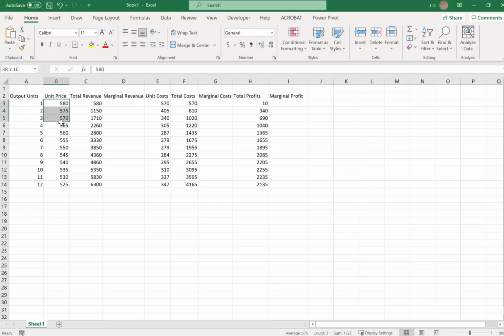And the unit price goes down. Why? If you understand the demand curve we talked about before, the lower the price, the higher the demand. So the more product you want to sell, everything else equal, the lower you have to price your product.